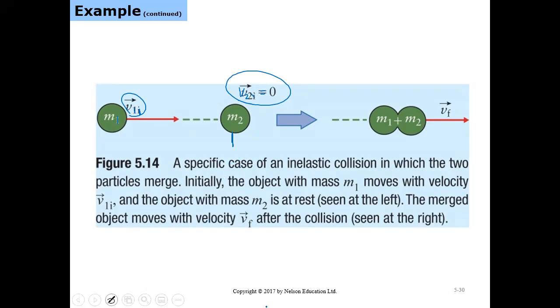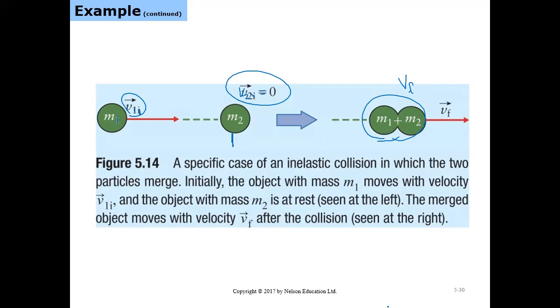And after collision, they combine. So now we have only one object, stuck together, glued together. So there is just one velocity. There is no need to say velocity of 1 and velocity of 2 because they both move with the same velocity.